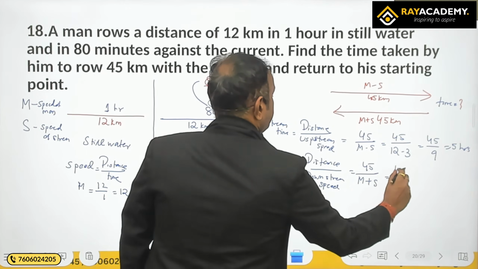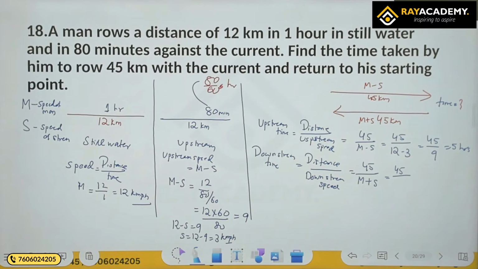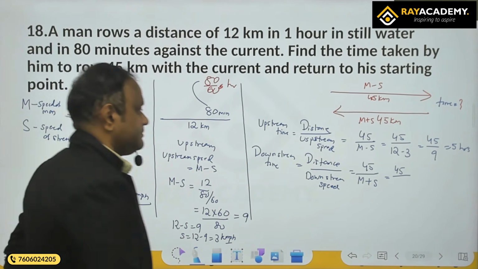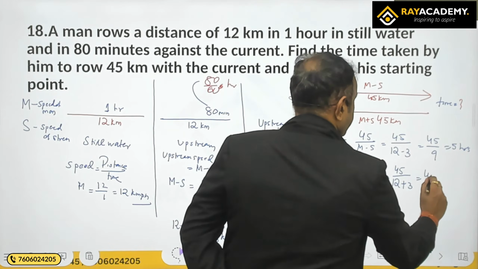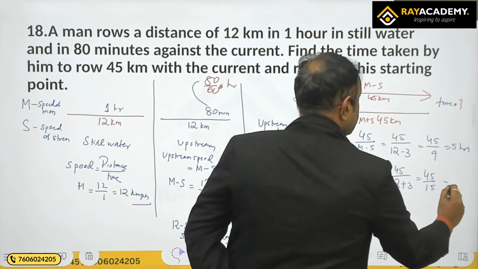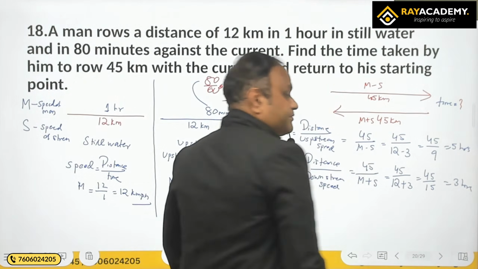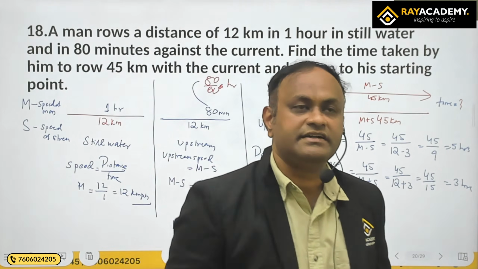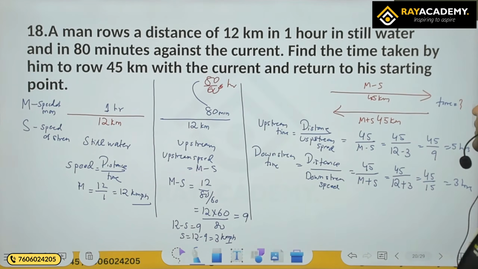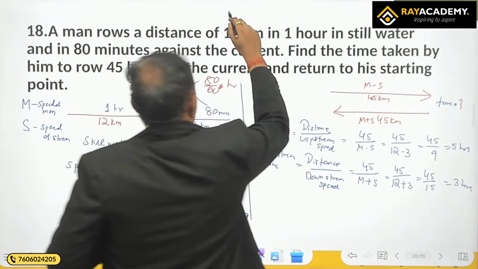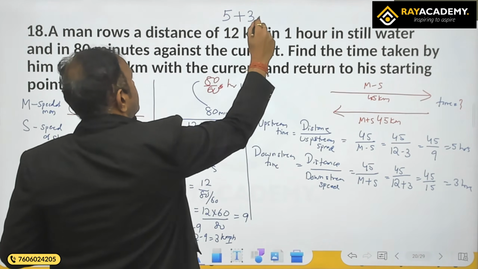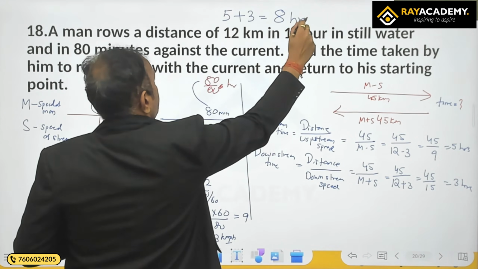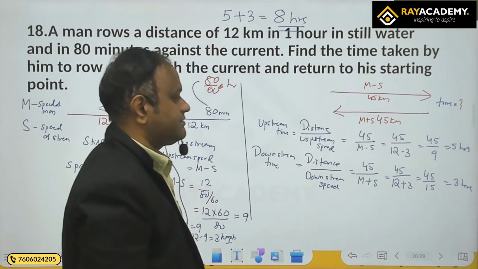We have found the values of m and s, so that is 12 plus 3. So this will give you 45 by 15, that is 3 hours. So upstream time is 5 hours and downstream time is 3 hours. So what will the total time be? Total time for going 45 kilometer and coming back is 5 plus 3, that is 8 hours. This is the answer for this question.